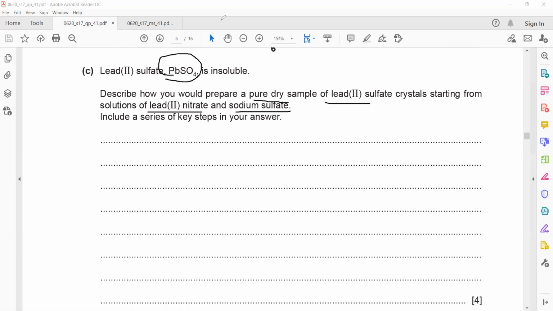So what you will do: displacement reaction, precipitation reaction, double displacement or ionic precipitation. In one container, we will take lead nitrate.